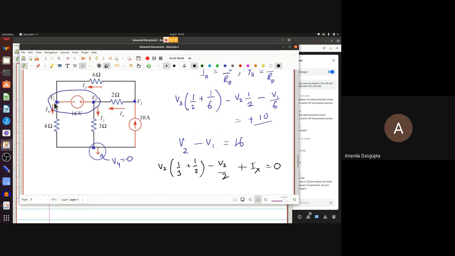What equation can I write down for V1? 1/4 plus 1/6 minus V3 by 6, minus V4 by 4, but V4 is 0. So again, I don't need that. And the current through this. How much is the current through this now?